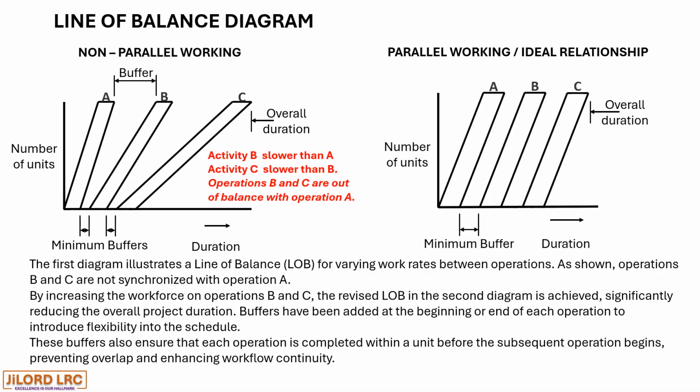Activity B is slower than activity A. Activity C is also slower than activity B. It is therefore noted that operations B and C are out of balance with operation A. Operations A, B, and C on the other chart, that is the chart with parallel working, are moving at the same rate of construction.